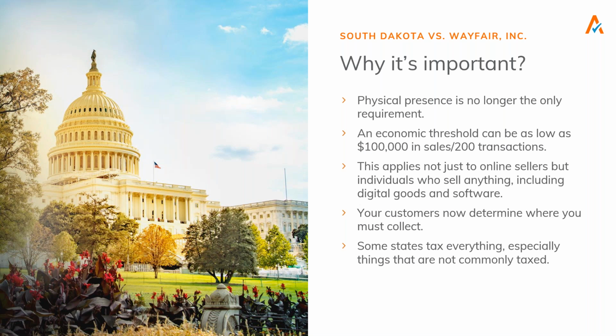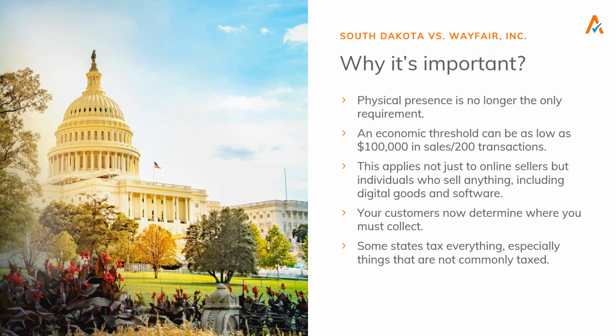So now touching on economic nexus again, this nexus horse, we can't talk about it enough because it is the first piece, or the most important piece, of sales tax. You have to know where you owe or where you have an obligation. Most of the manufacturers we work with or talk to say, hey, we don't have an obligation via South Dakota versus Wayfair because everything we sell is exempt.